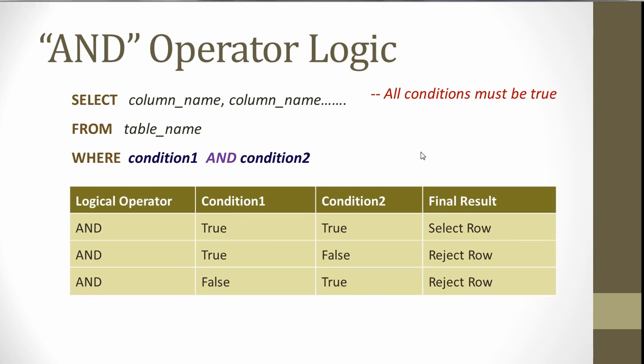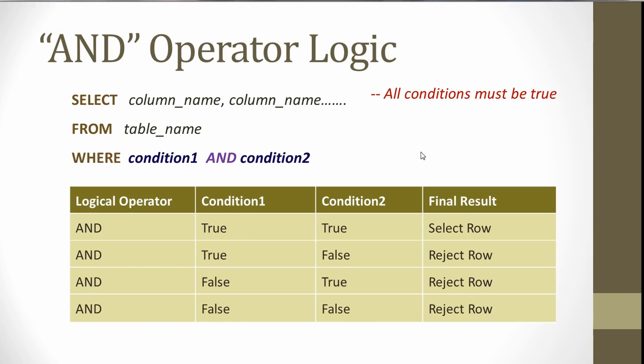If condition 1 is false and condition 2 is true, then too we reject the row. Lastly, if both conditions are false, again we reject the row. We don't select that information. This is how the query works. So only in one case where both conditions are true, the row is selected. In all the other cases, the rows are rejected. That's how the AND operator works.